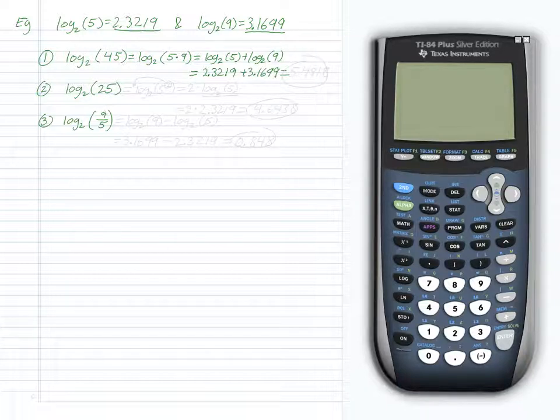I can calculate the sum of these to be 5.4918.